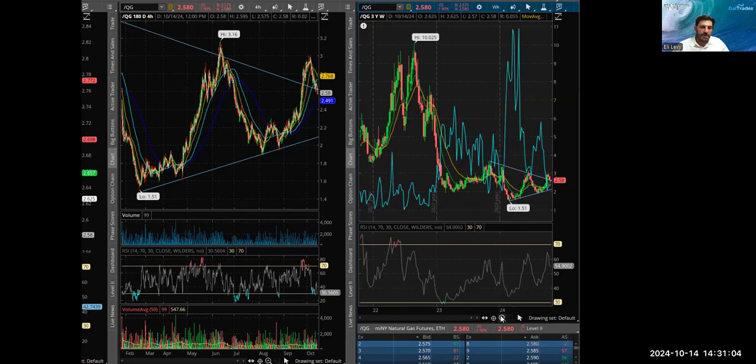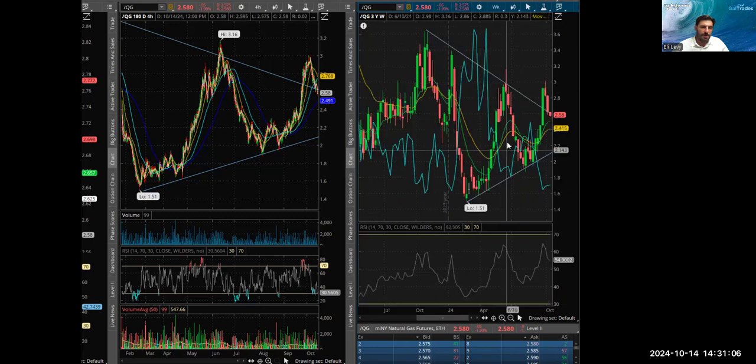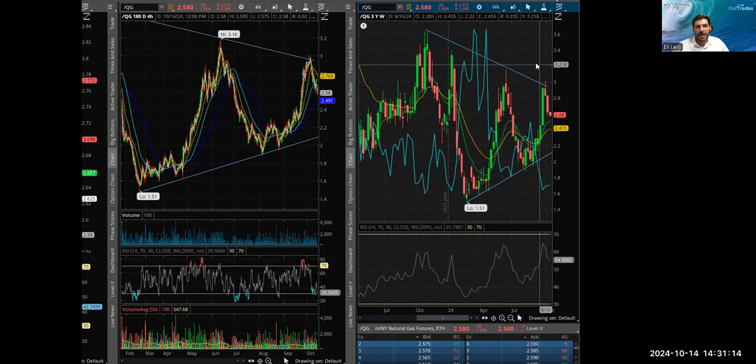And then as you could see, I got a triangle formation. A triangle formation could break out in either direction, on the upward side or on the downward side. Because 1.51 could have been a low for natural gas for now, I would like to see upward momentum continuing and a breakout of the triangle towards the upside.